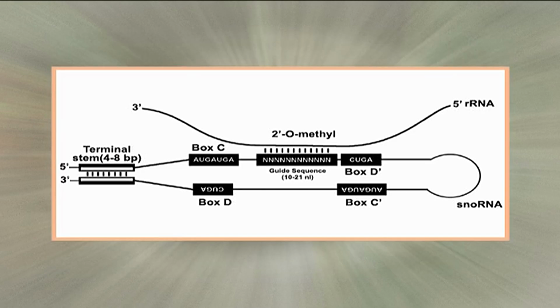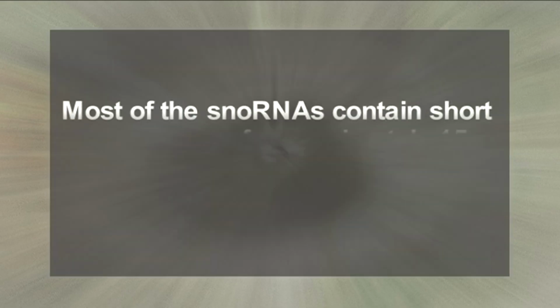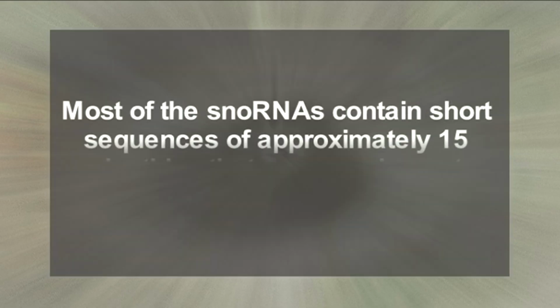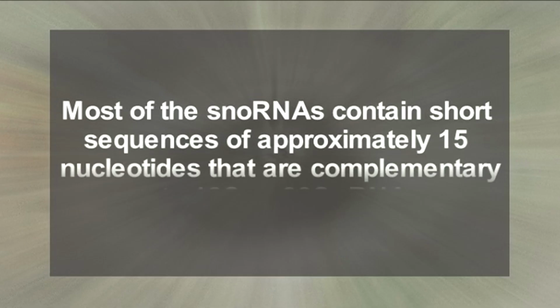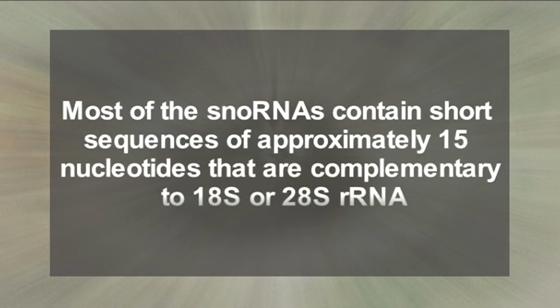Most snoRNAs, however, function in rRNA synthesis as guide RNAs to direct the specific base modifications of pre-rRNA, including the methylation of specific ribose residues and formation of pseudouridines. Most of the snoRNAs contain short sequences of approximately 15 nucleotides that are complementary to 18S or 28S rRNA.